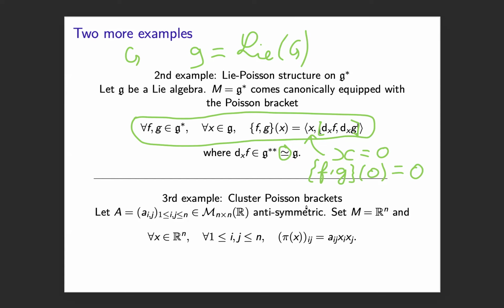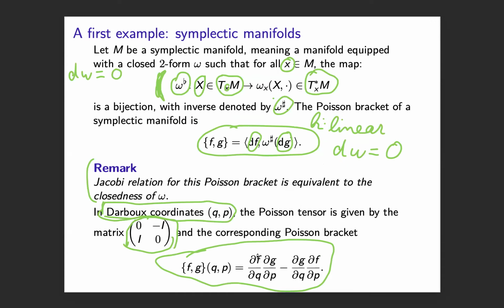So this is a big difference with the symplectic case. Look again at the symplectic case, let me come back to it 1 second. Look at the Poisson bracket of the symplectic case in coordinates, for instance. You see that there's no point where the bracket of f and g vanishes for all functions f and g.